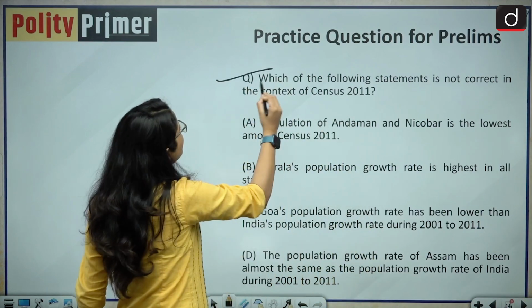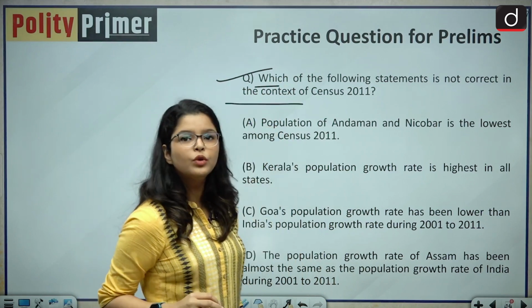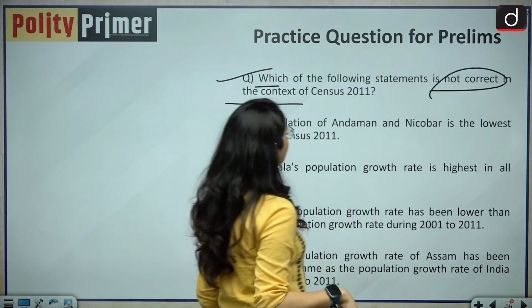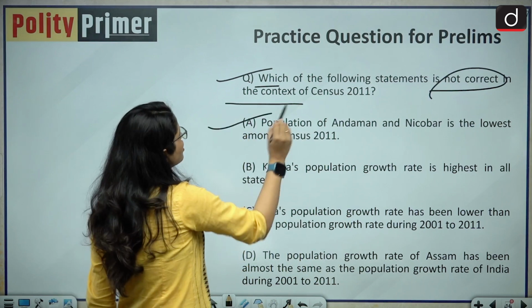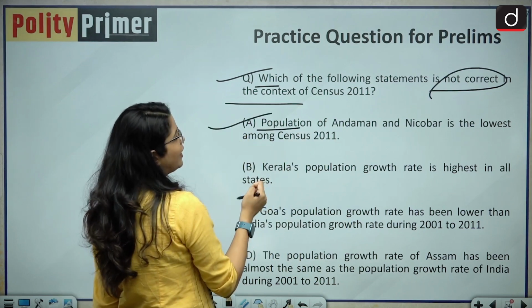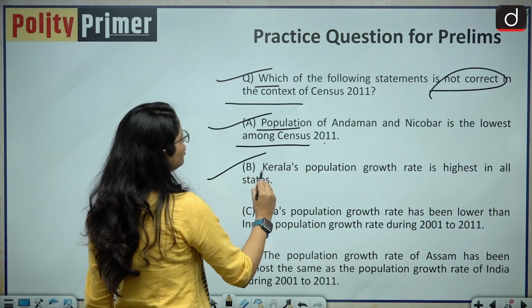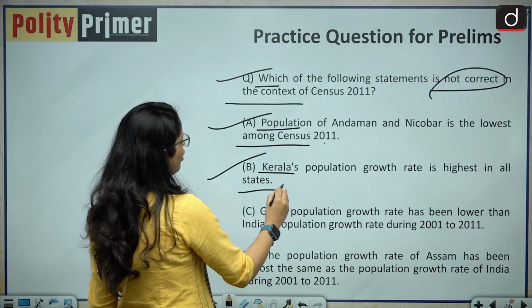So the question is, which of the following statements is not correct? Kindly note in bold that the question is asking for the statement that is not correct in the context of the census of 2011. Statement A: the population of Andaman and Nicobar is the lowest in census 2011. Statement B: Kerala's population growth rate is the highest among all the states.